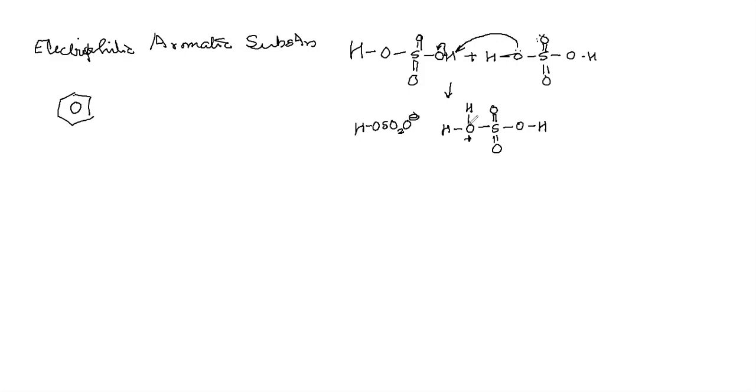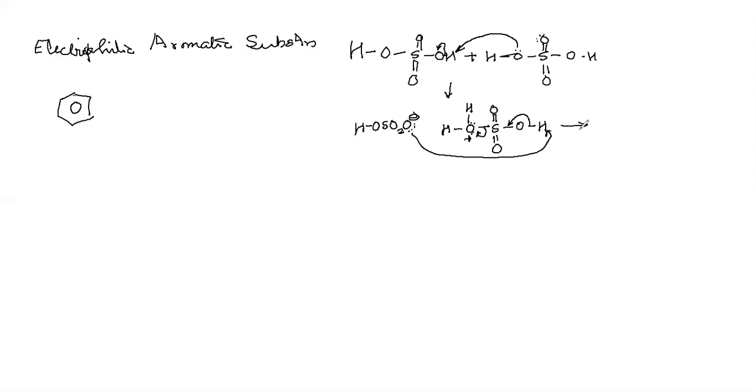Now this acts as a very good leaving group. Why does it act as a leaving group? Because it is going to be water which is going out. So these two electrons will shift, and see what happens. This HSO4 minus will abstract this proton.